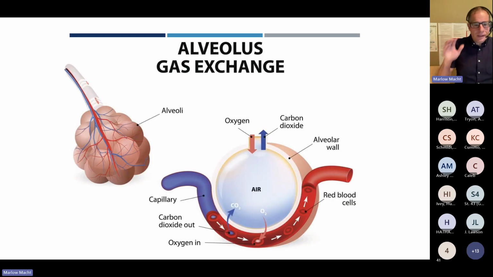So the key thing that we're thinking about when we think about treating someone with respiratory distress is how is gas exchange happening? And if gas exchange is not happening, what's going wrong? So this is going down to the level of the lung and the alveoli.